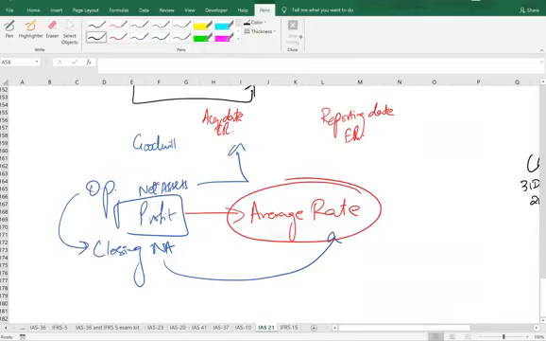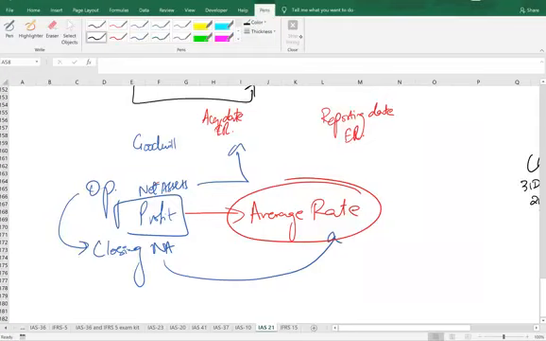But if the operation is of such a huge size that determining the transaction exchange rate for each particular transaction becomes difficult, obviously, IAS 21 gives you a way out. You can use the average rate. So yes, the average rate for bigger operations makes more sense.